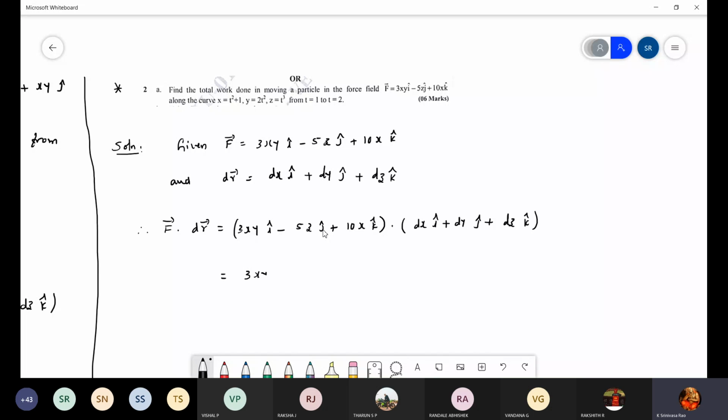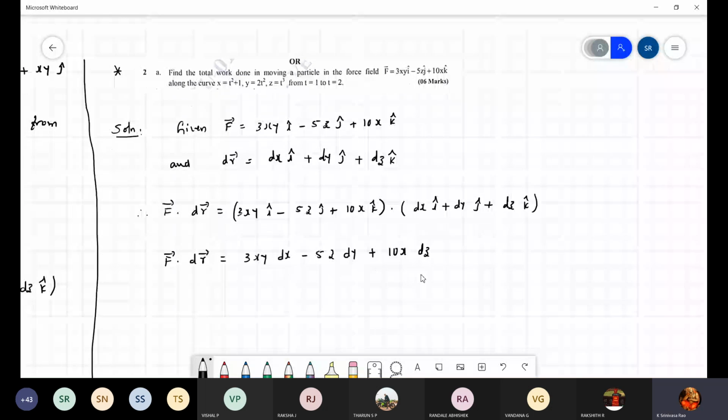You will get 3xy dx minus 5z dy plus 10x dz. So this is the dot product of F and dr.